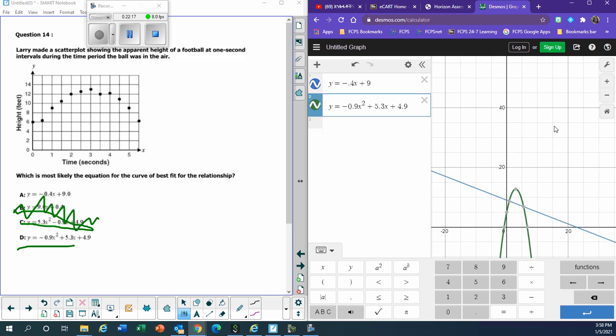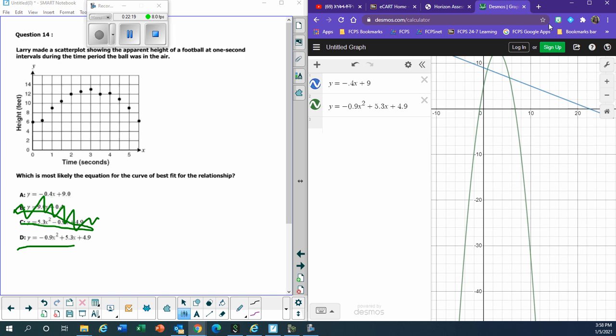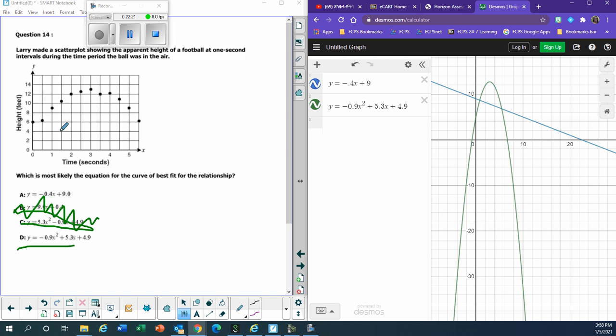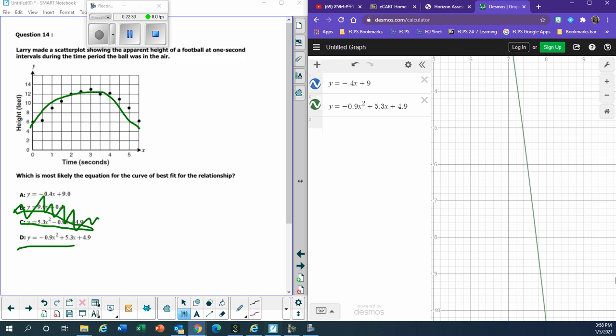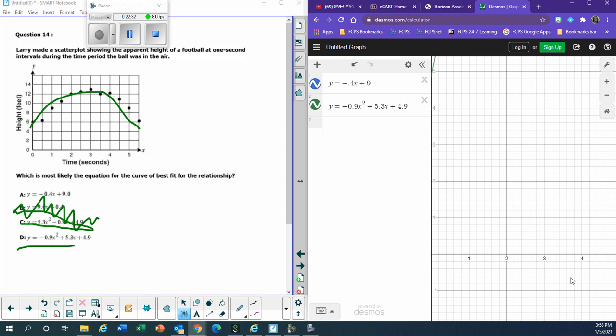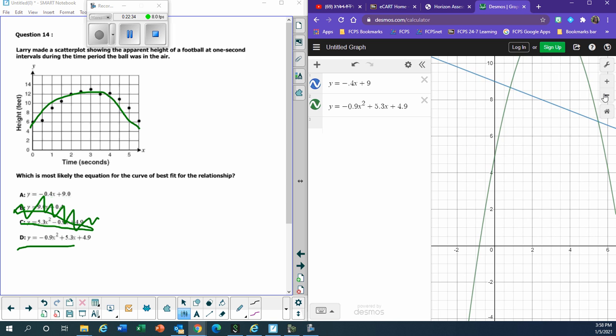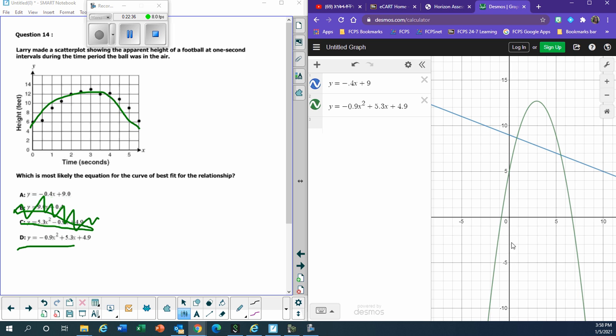Okay, so looking at the graph, this is what the graph looks like, and what you have here is going to be like this. And if you make it bigger, you can see how it's a little bit similar to what we have. The highest it went is like 12 something. That's what we have here. And it crosses like that. So you got to pick D.